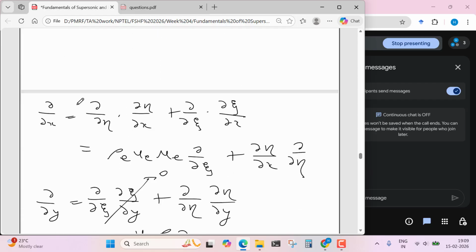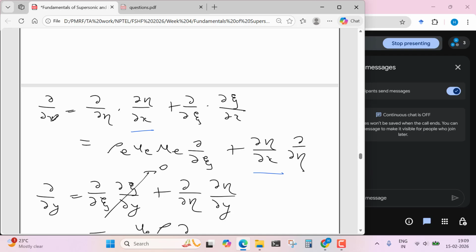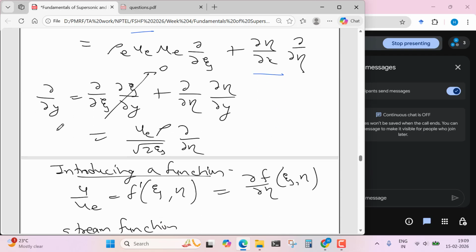Now, the derivative with respect to x, ∂/∂x, will be equal to ∂/∂η times ∂η/∂x plus ∂/∂ξ times ∂ξ/∂x. Now ∂η/∂x we have not found till now, so it will be directly written as ∂η/∂x ∂/∂η. ∂ξ/∂x is ρe ue μe, times ∂/∂ξ. Similarly, ∂/∂y can be written as ∂/∂ξ times ∂ξ/∂y plus ∂/∂η times ∂η/∂y.